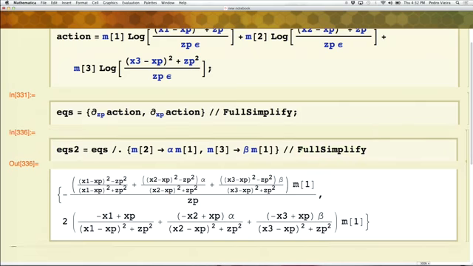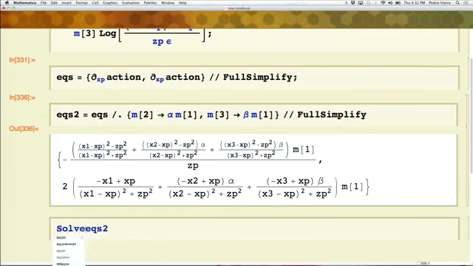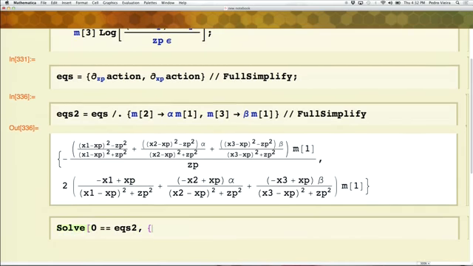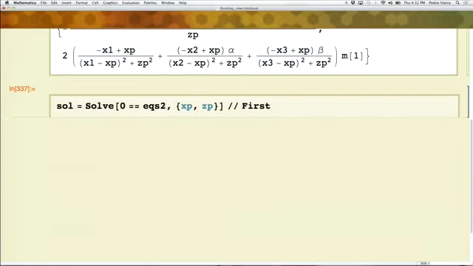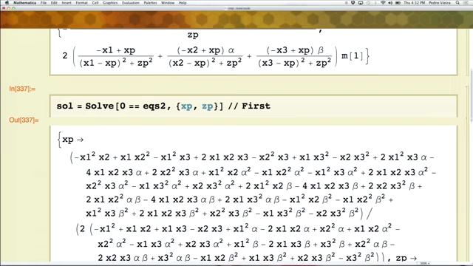But we define these equations too, and now we solve these equations where we have alpha and beta. You might not be convinced, and now it solves.